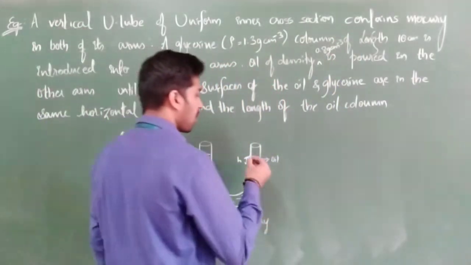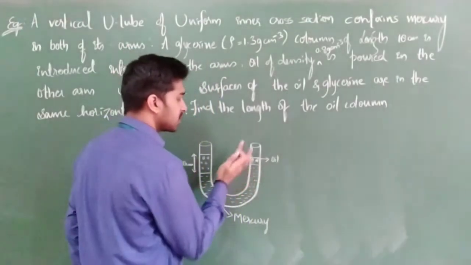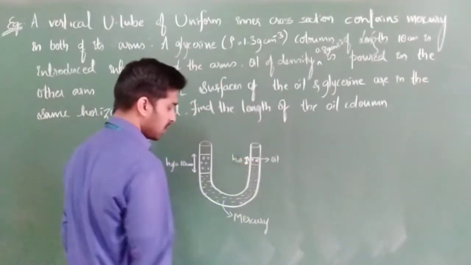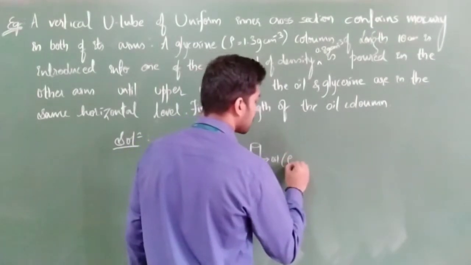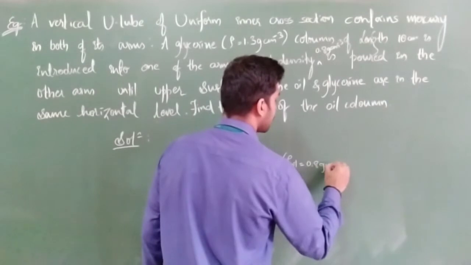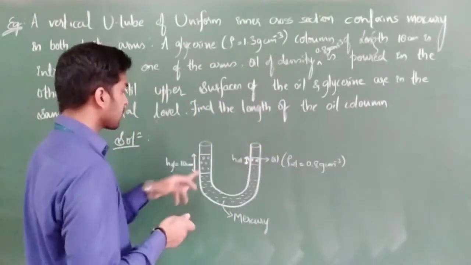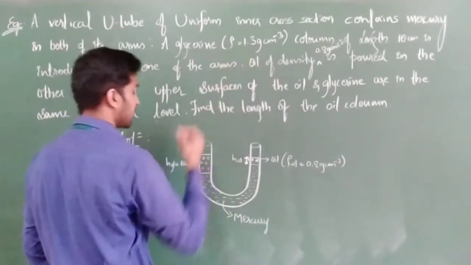So this is nothing but H. For oil, I will write H oil. This is mercury, and the density of oil is given to you as 0.8 gram per centimeter cube. Next, the glycerine's density, they have given here: a glycerine of density.